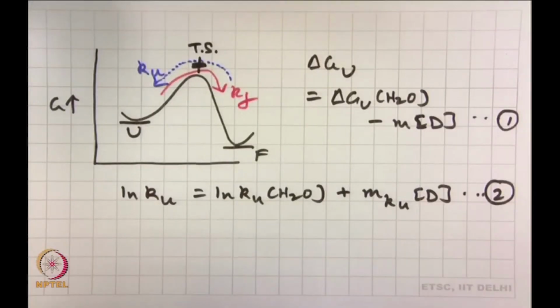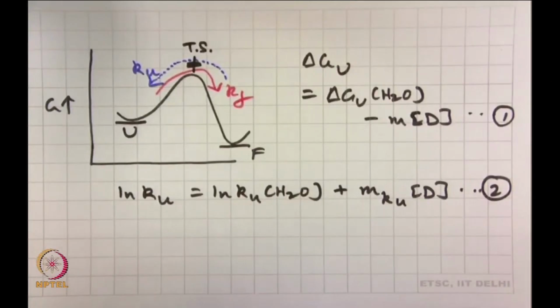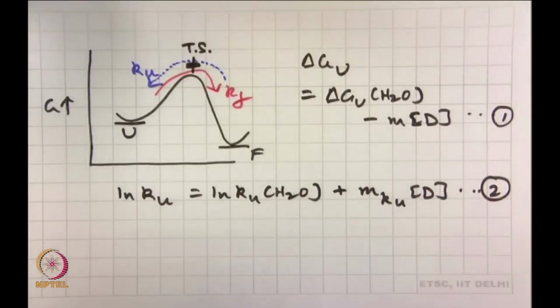Okay. Coming back to this again, you look at this equation very carefully. What does it say? If I am taking Ku or the natural log of it, it is equal to the ln Ku, that is the rate constant in absence of any denaturant, plus m times d, where m is mKu because you are looking at the unfolding process. Okay. So, what it means is with increase in concentration of d, what happens to ln Ku? Does it increase or decrease?